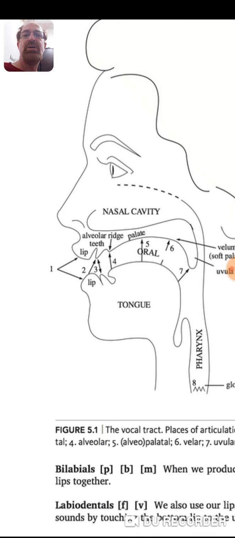What is that? It's your uvula. It's like the tip of my finger, going back and forth like this. That part is called uvula.